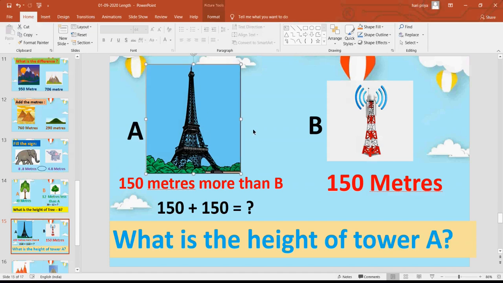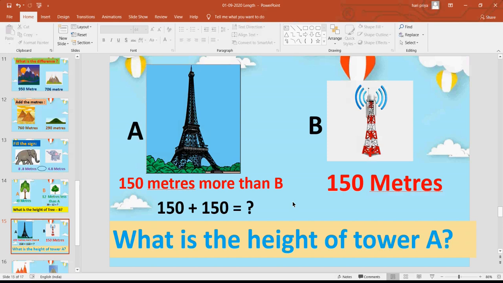So come on, add 150 meter plus 150 meter. Yes, it's a simple addition sum.